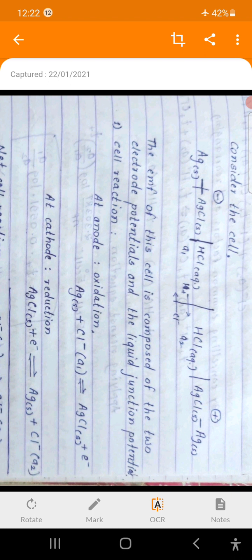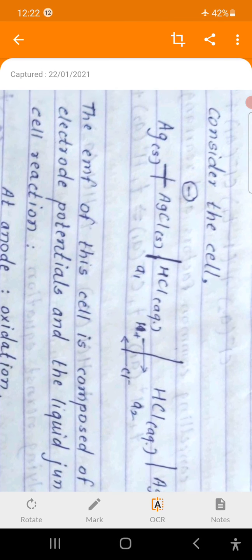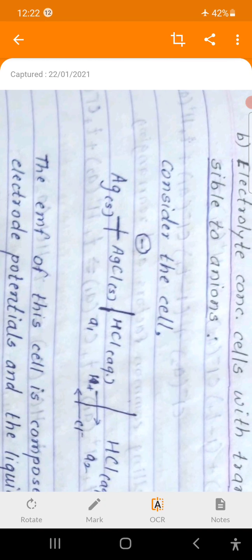It is a simple oxidation, but where does it take place? At the left hand side, where silver solid is dipped in HCl, with Cl minus ions available.